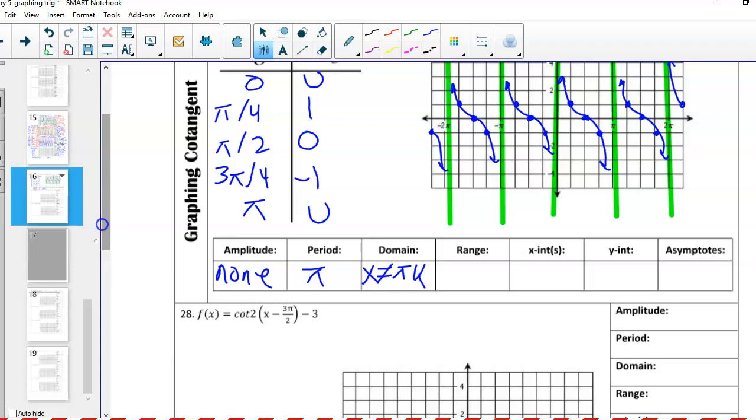Your range: all real numbers. In this case, you have x-intercepts at every multiple of pi over 2. Sorry, every odd multiple of pi over 2. You don't have a y-intercept because of your asymptotes.